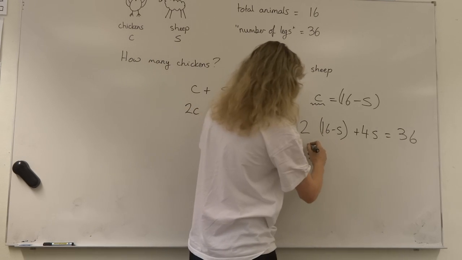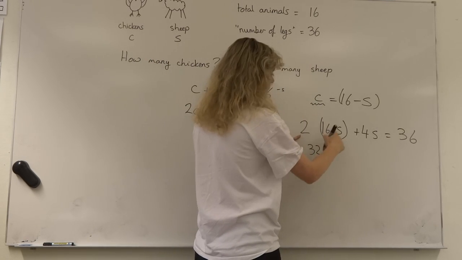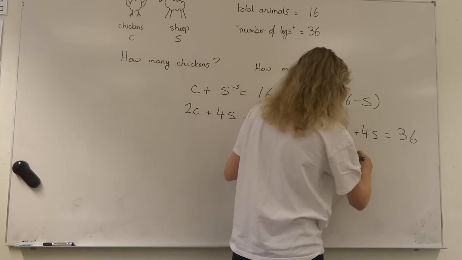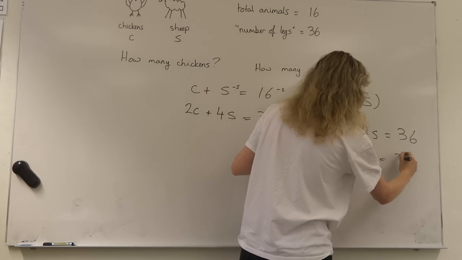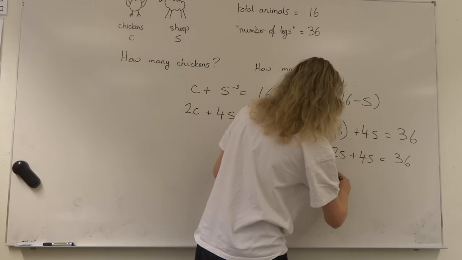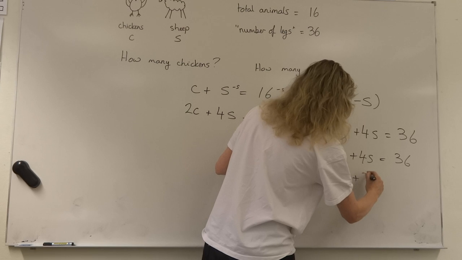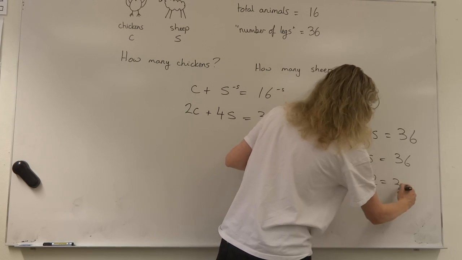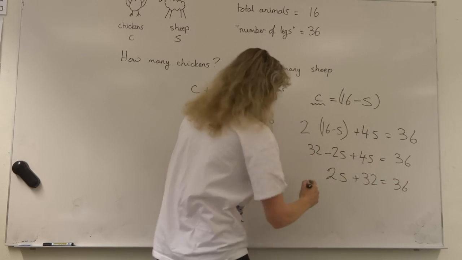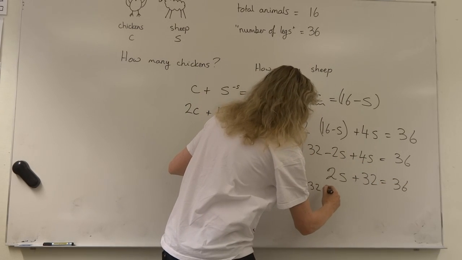2 times 16 is 32. 2 times minus S is minus 2S. 4 S's equal 36. 4S minus 2S is 2S. So we get 2S plus 32 equals 36. Let's take away 32 from both sides.